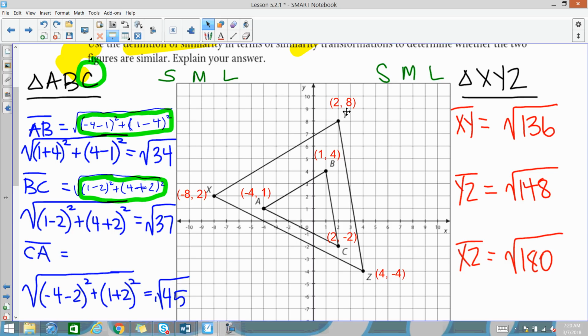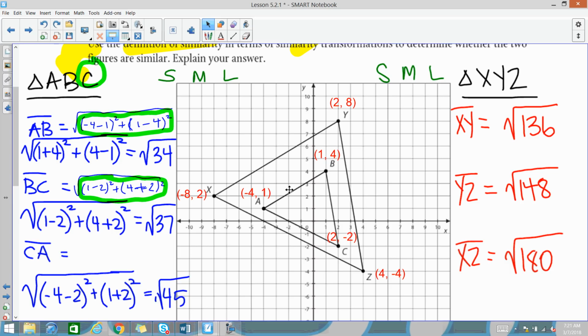Now, some of you are like, well, what are we doing? We just calculated side length. That's 8th grade stuff. That's freshman year stuff. Why are we doing it? Well, here's the real deal. If these are my side lengths, notice I don't know what A prime, B prime, C prime are, or X prime, Y prime, Z prime.